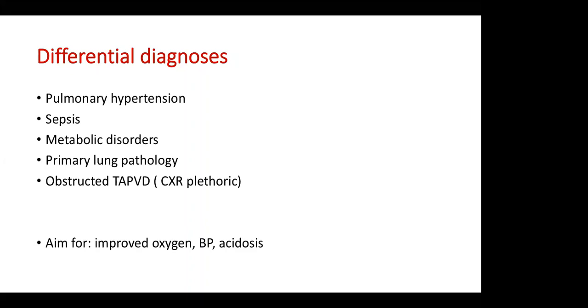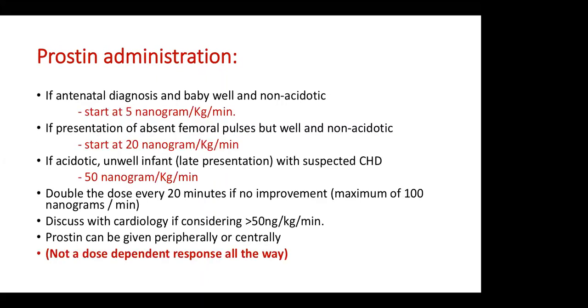And in those type of patients, your aim should be to improve oxygenation, improve blood pressure, and correct acidosis rather than having a normal saturation, because it might be difficult.